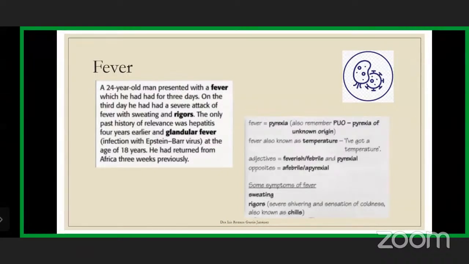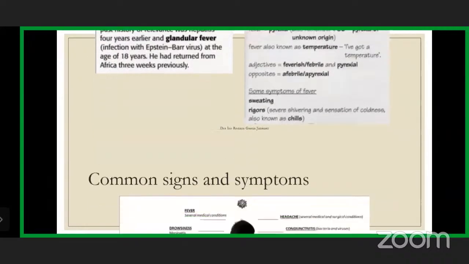The adjectives, as Alejandro was reading, feverish or febrile, and pyrexial, and the opposites. So don't worry, and more symptoms, the sweating and the rigors, the chills, and very common situations to take into account, and of course to start reading and not mixing the meanings.